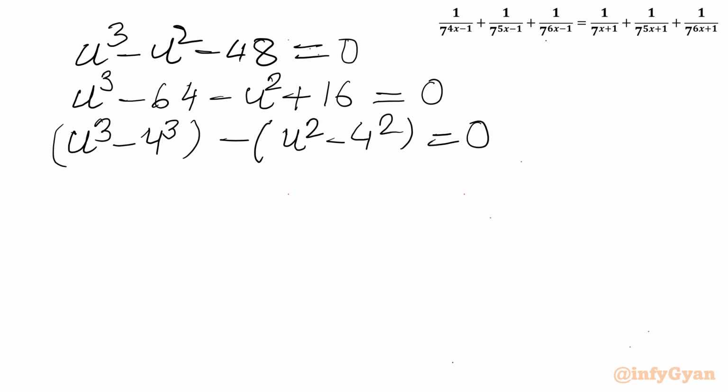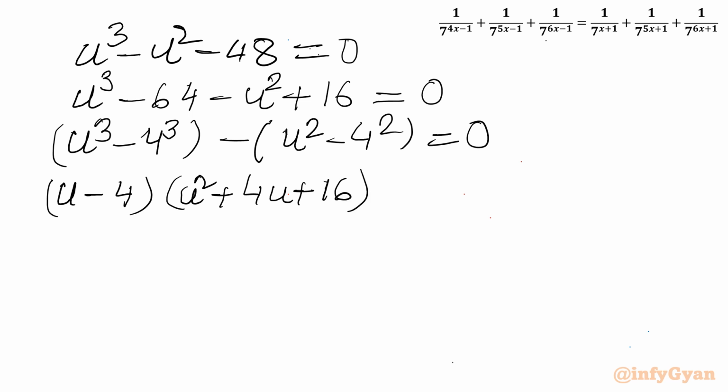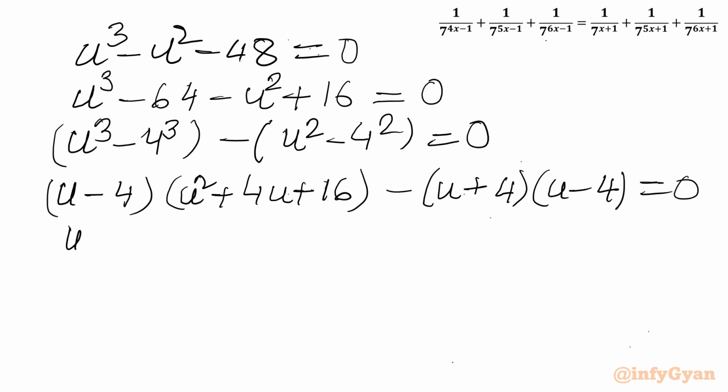Now a³ − b³, and a² − b². The a³ − b³ formula will be (u − 4) in one bracket, and in the other bracket u² + 4u + 16. And here I will be writing (u + 4)(u − 4) = 0. Let us take u − 4 common out.